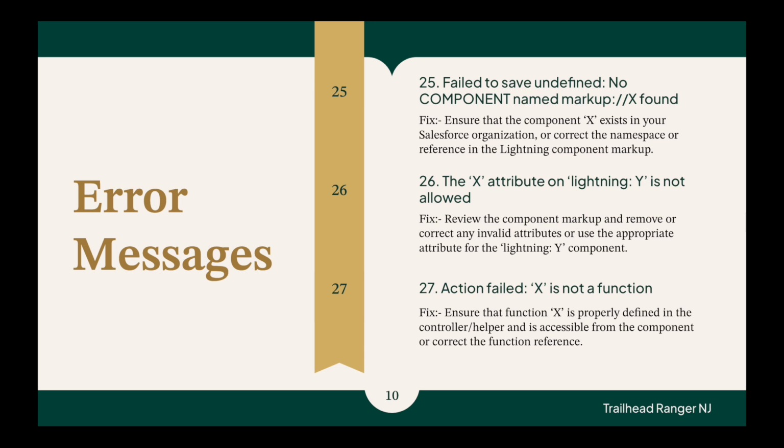The next error message could be "action failed, X is not a function." In this scenario we need to ensure that function X is properly defined in the controller or helper and is accessible from the component, or we need to correct the function reference.